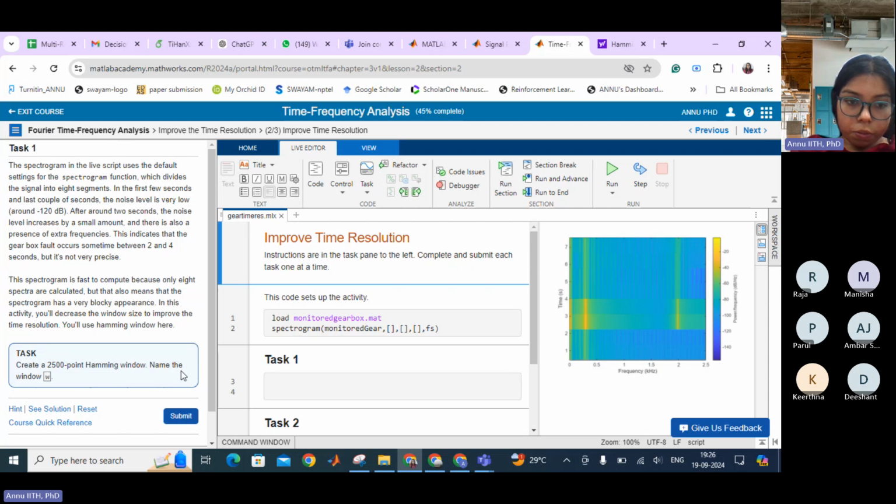After around 2 seconds, the noise level increases by a small amount, and there is also a presence of extra frequencies. This indicates that the gearbox fault occurs sometime between 2 and 4 seconds, but not very precisely. How are you seeing that? Because it is increasing only by a small amount, and there's also a presence of extra frequencies.